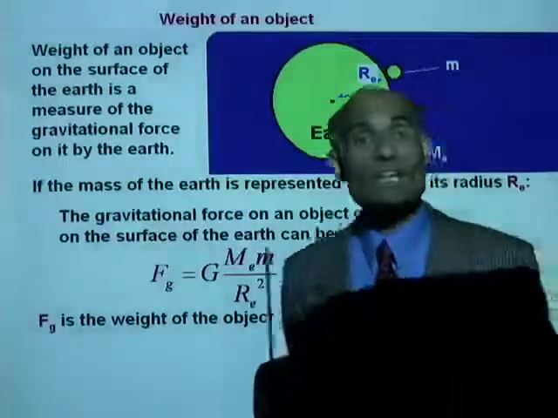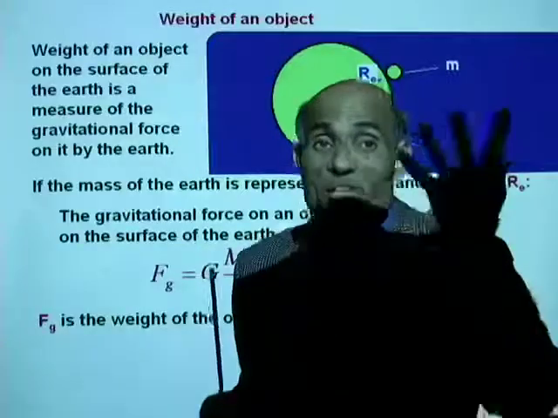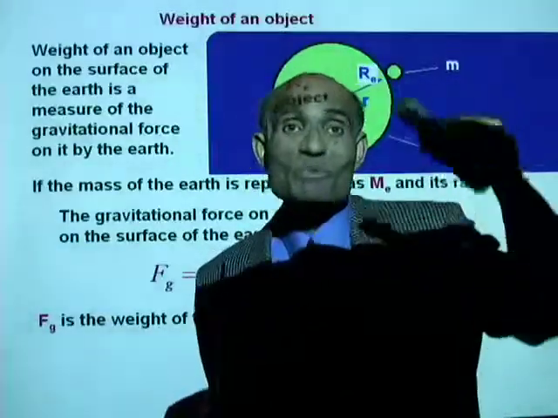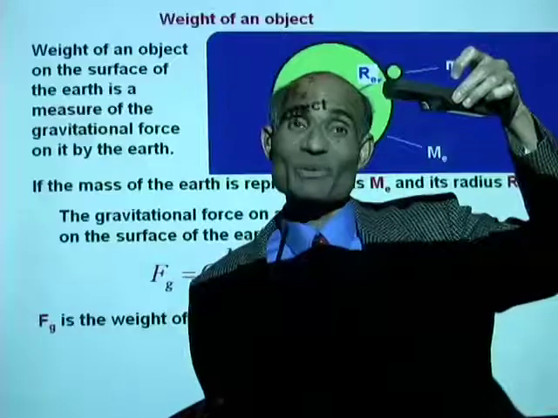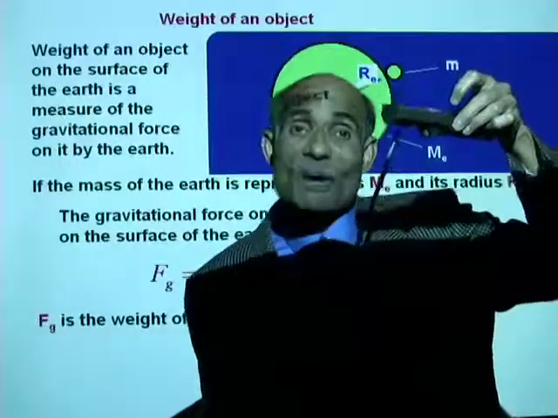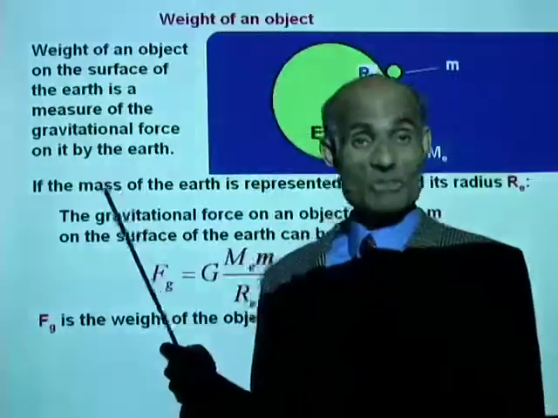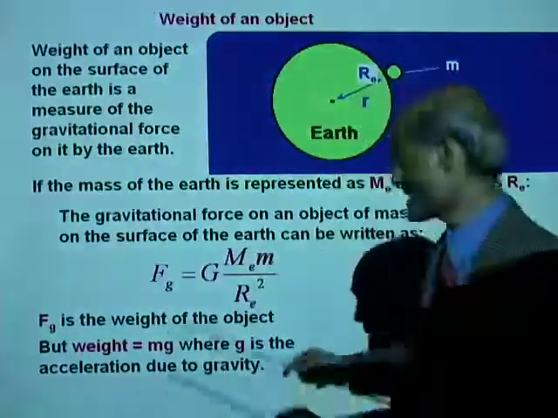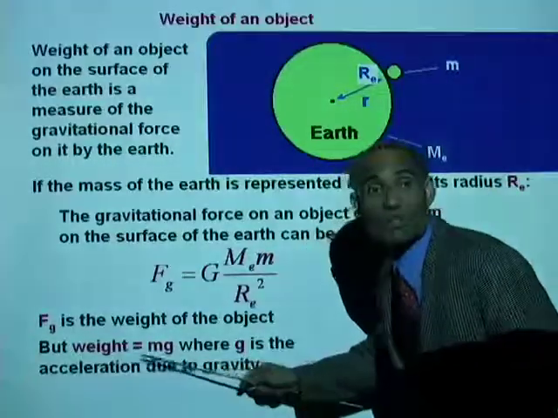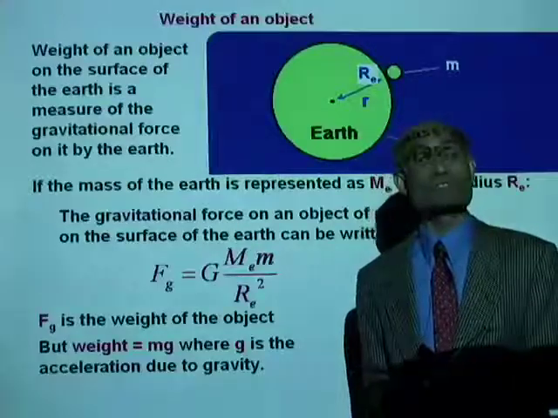Now, what is the weight of the object that we have been using to measure? What is the weight of this object? Normally, how do we measure it? It is the mass of the object multiplied by the acceleration due to gravity. Is that right? Yes. So weight equals mg, where g is the acceleration due to gravity.